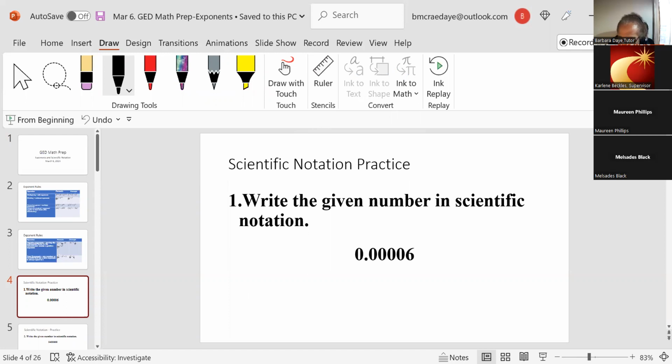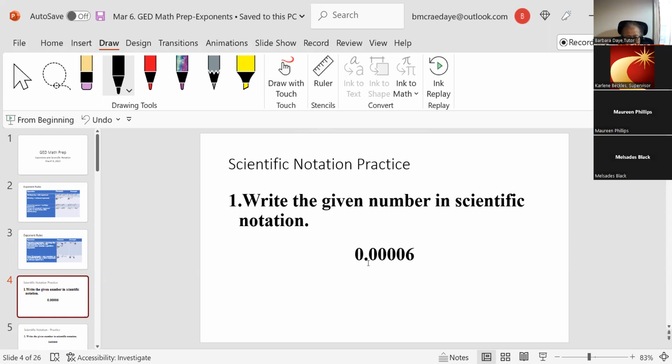Okay, Maureen, what's the answer to this one? We want to write this number in scientific notation. So what would it be? Numbers less than one, so we know our power will be negative, right? So tell me what to write. Where would you move your decimal point?